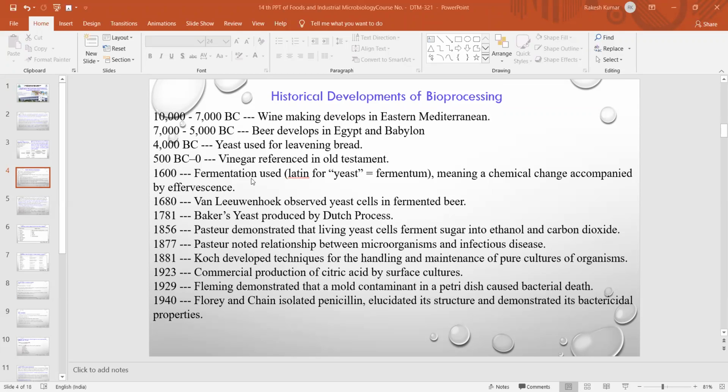In 1888, Koch developed a technique for the handling and maintenance of pure cultures of organisms. So these are the different scientists who are directly or indirectly related to the improvement and development of processes in the field of bioprocessing.